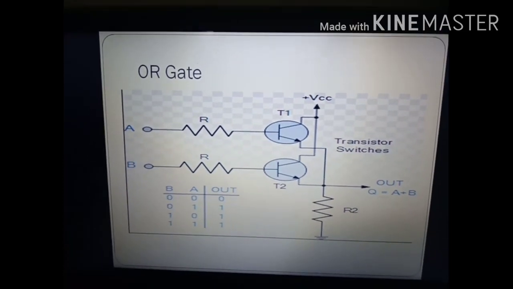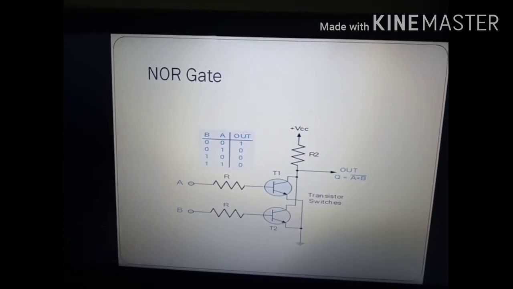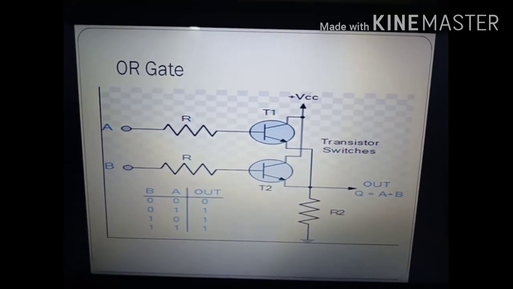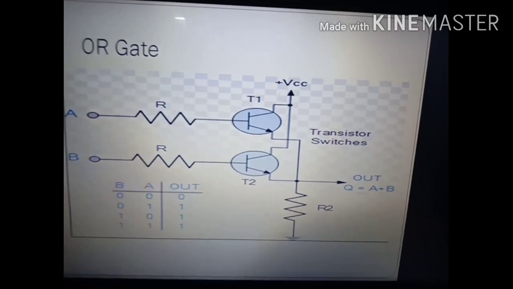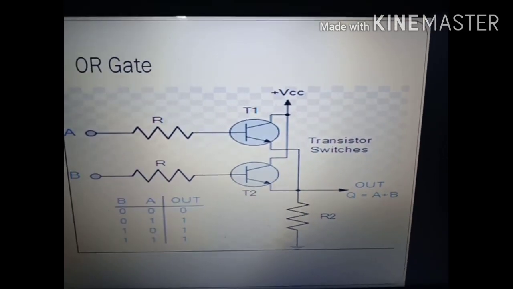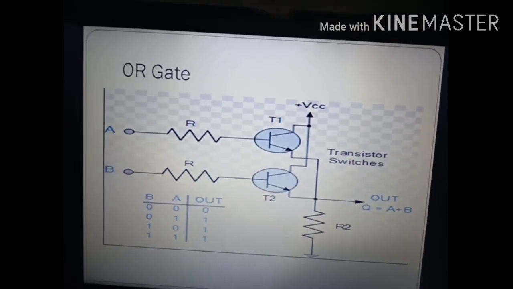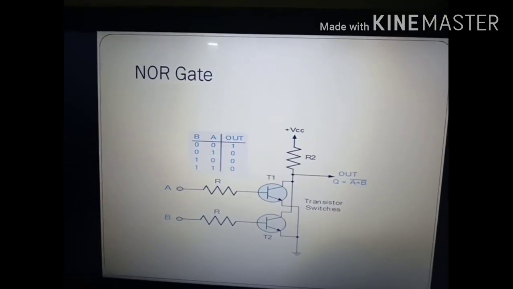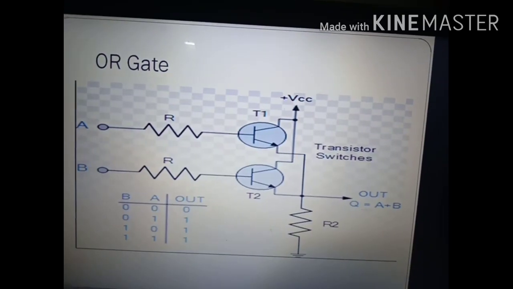Now come to the NOR gate. We know that the working principle of the NOR gate is just opposite to the OR gate. So this is the circuit representation of the OR gate, and this is the circuit representation of the NOR gate. What's the difference?